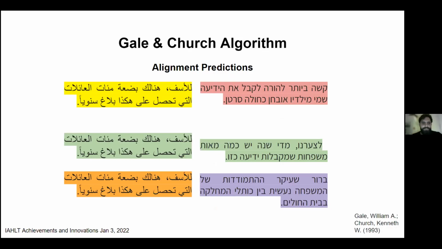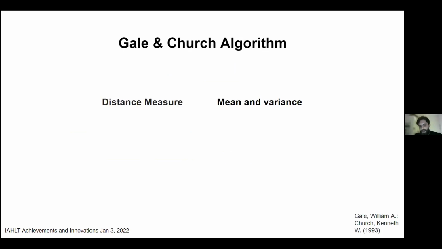So the algorithm considers a matrix with all the partial solutions, and then it takes the most optimal solution according to a probabilistic score assigned to each proposed pair of sentences. And this probabilistic score is calculated by using this variable, which is namely the distance measure.